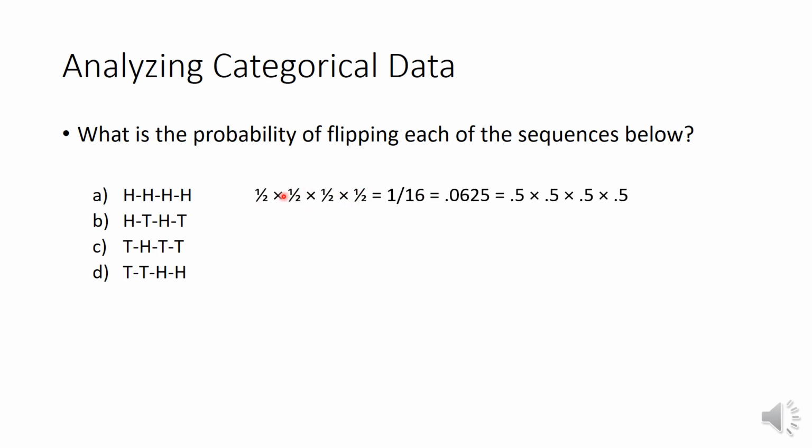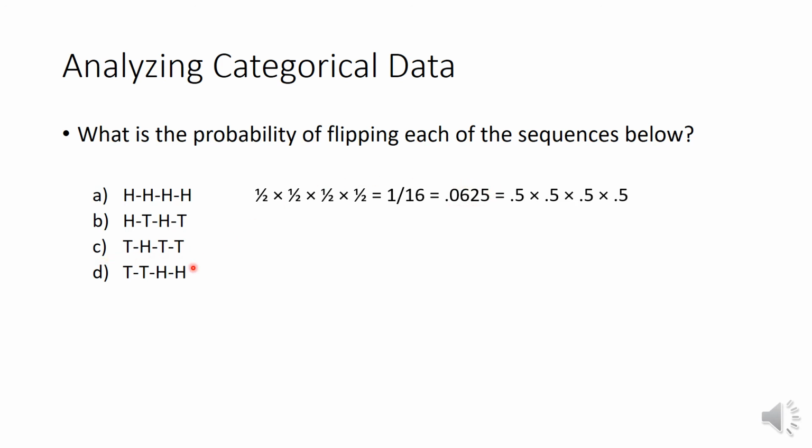So you can either multiply fractions or you can multiply decimals. Decimals, remember, are the exact same as a percentage, except you move the decimal point over 2 places. So 0.5 is 50%, 0.05 would be 5% of the time, 0.02 would be 2% of the time, 0.2 would be 20% of the time. So the probability of flipping heads all 4 times is 1 out of 16, or 0.0625, about 6% of the time.